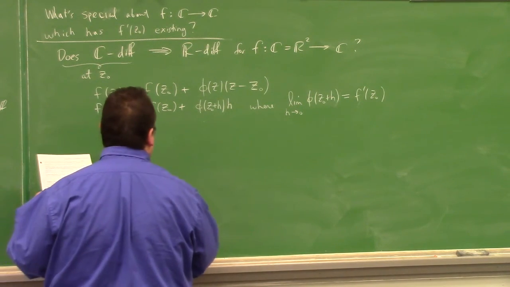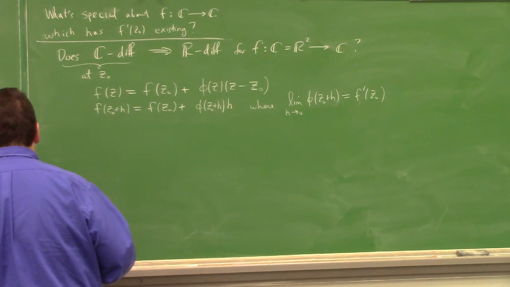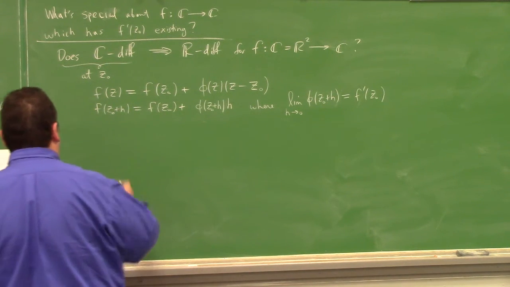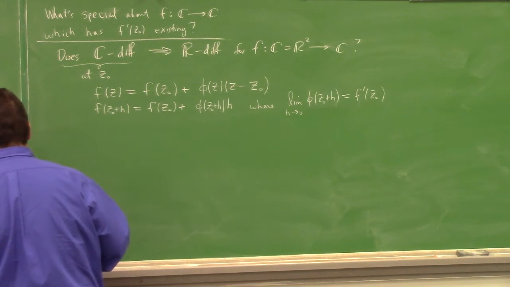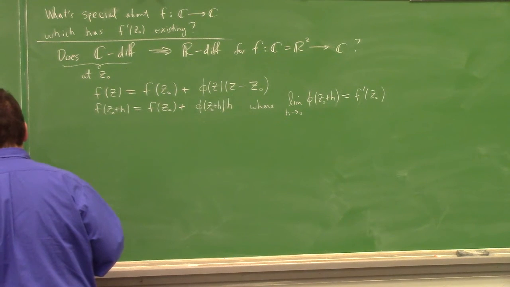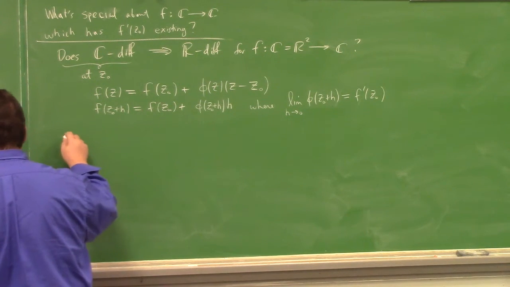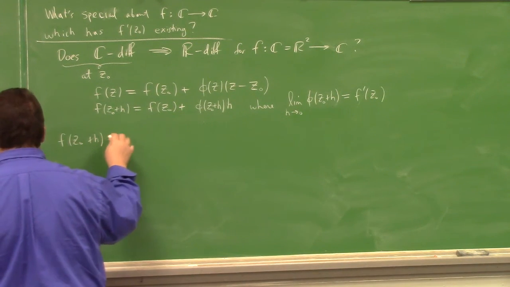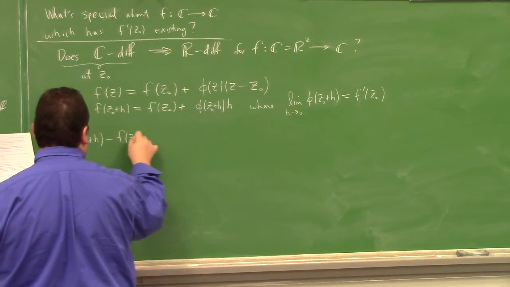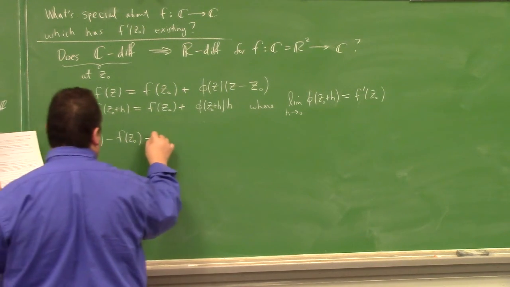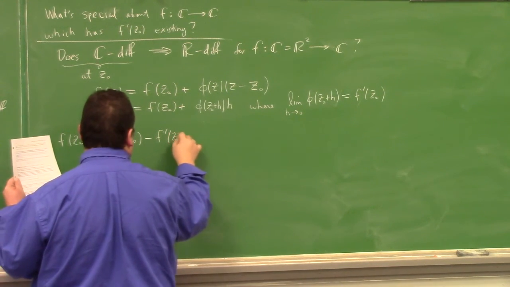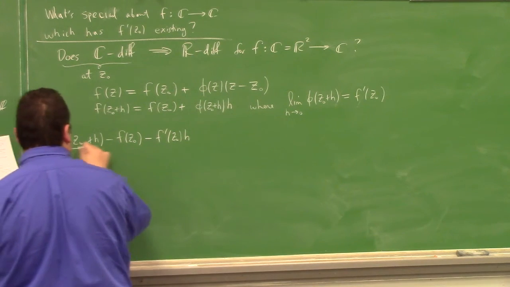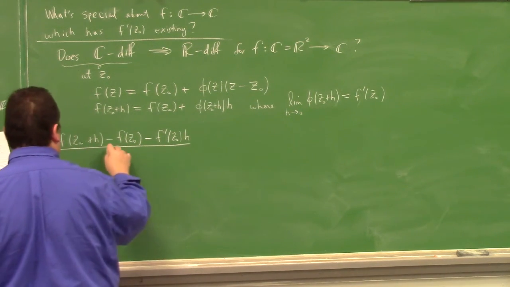So here we go. Everything here so far is fine. And what I want to look at is, see, there's a typo in the notes, is what it is. Okay, so f of z naught plus h minus f of z naught, all right, minus f prime of z naught times h, over absolute value of h.